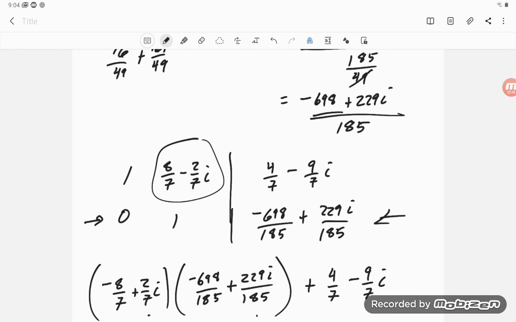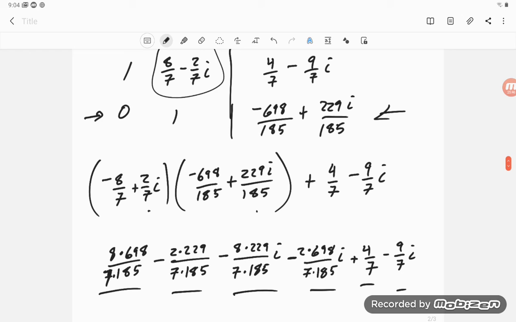Okay, minus 2 cents. Okay, so I'm good there. I have my minus 8/7 and plus 2/7.